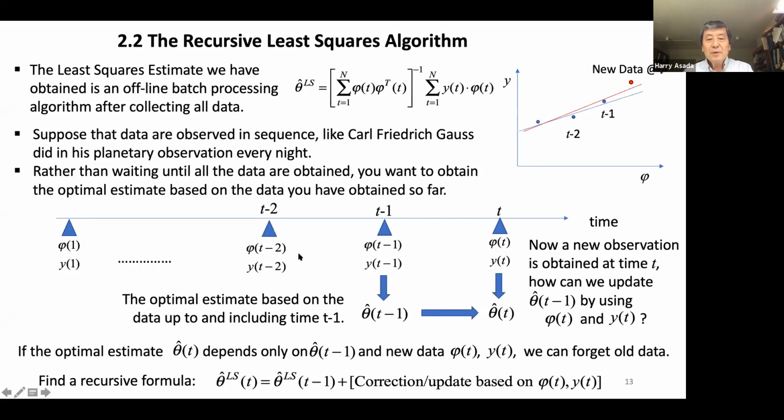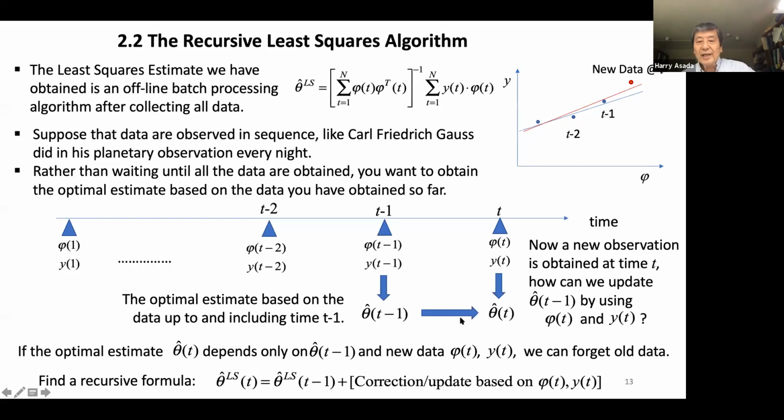At time t-1, including time t-1, we have collected all the data, and theta hat t-1 is the best estimate. Now we get the new regressor and dependent variable observation just obtained.